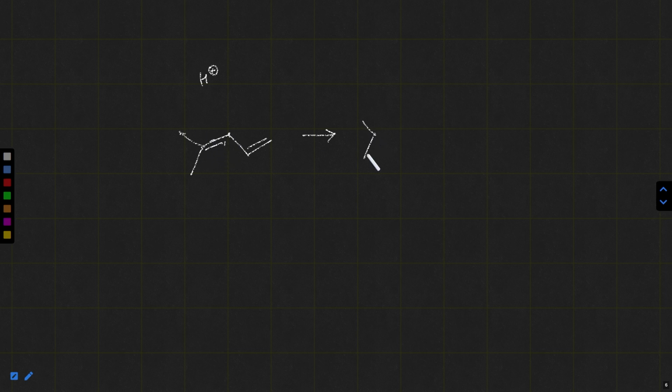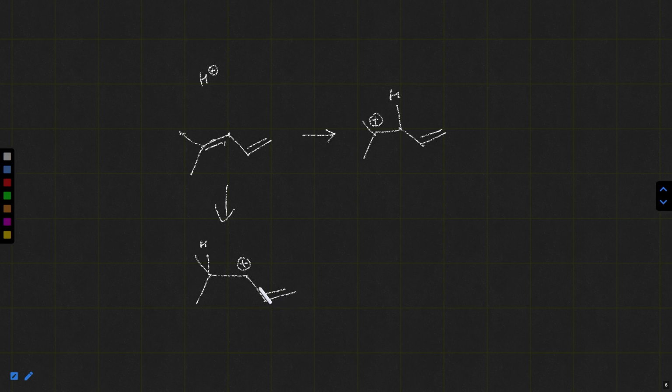Now 2 possibilities arise. First, the H goes here and we get this kind of carbocation. The second possibility is H goes here and we get this kind of carbocation.